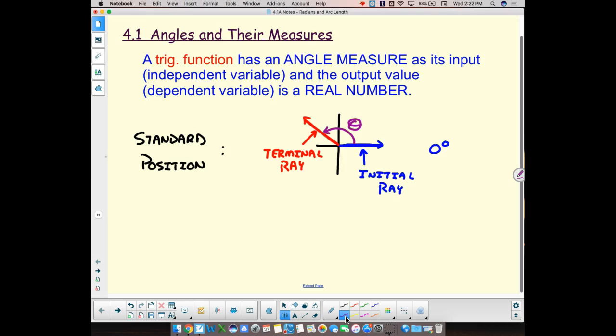So we go counterclockwise with our measurement of the angle. That's the standard position of an angle. So, let's talk some angles.